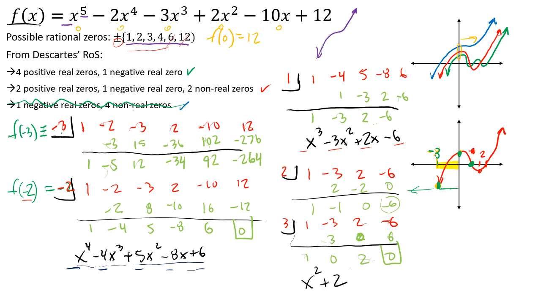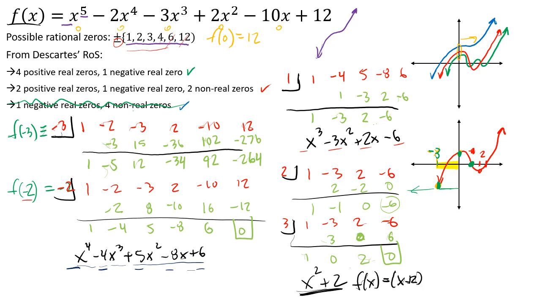This is a quadratic, and you could tell right away that this does not factor. So what does this mean? Well, if we were to write out our new polynomial, and remember we're asked to find the zeros, so we're not quite done yet, then we have x plus 2, since we found that -2 was a 0.